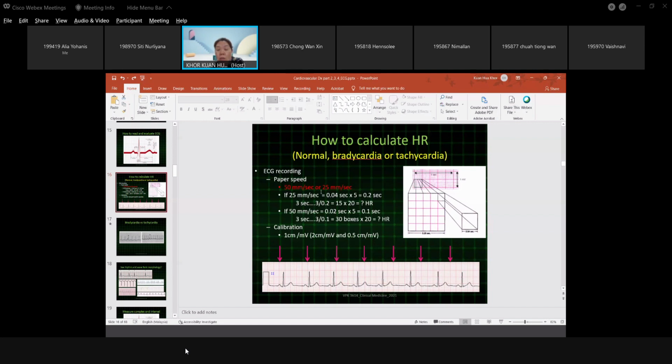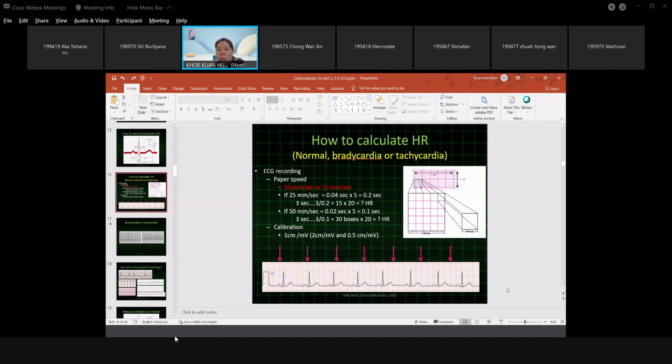Depending on the speed, the duration of the box is different. The easiest and what we always do is the paper speed of 50, unless we see the heart rate is so slow. In this ECG, I only get one complex, 2 complex, then 3 complex.